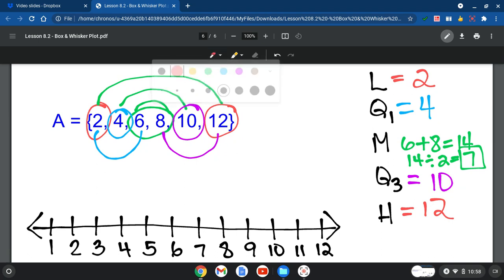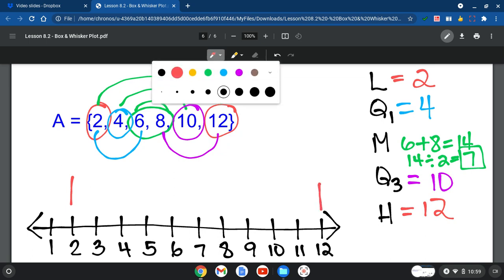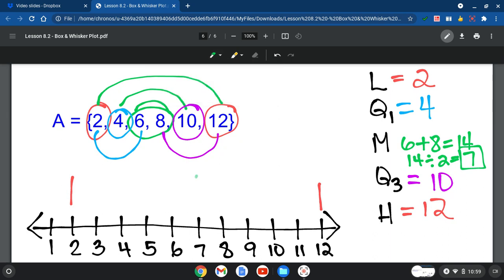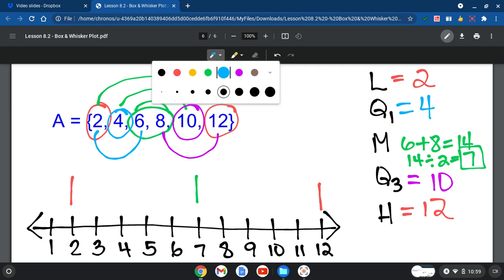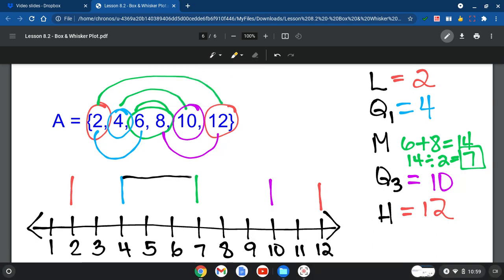We will draw our line for our low and our high. We will draw our line for the median. We will draw our line for the first quartile, and then finally our line for the third quartile. Let's draw a box around the lower and the upper quartile, including the median, and then draw our whiskers connecting the lowest number and our highest number.